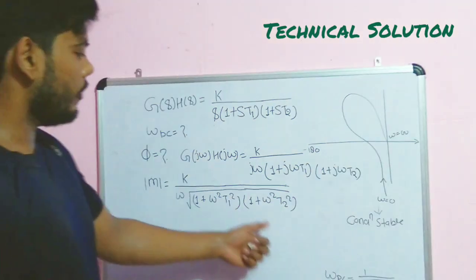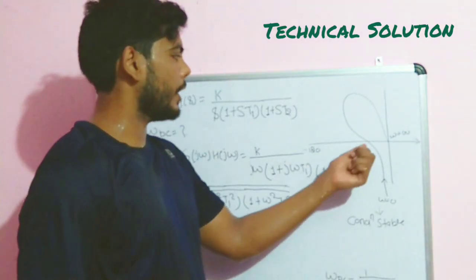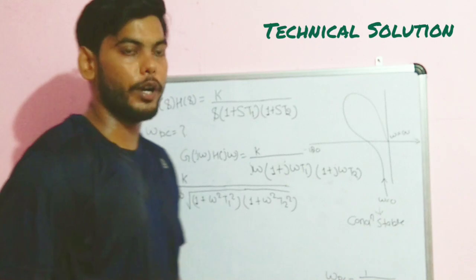In place of omega, we put omega pc to find the magnitude at the intersection point.